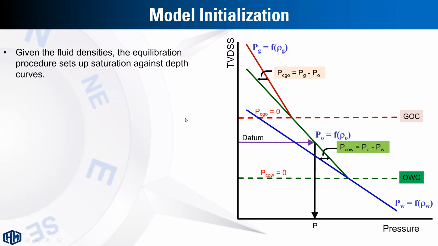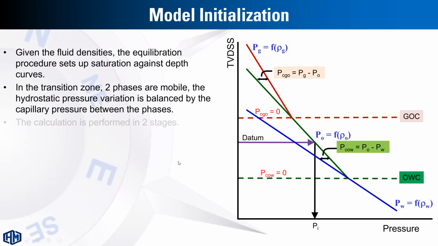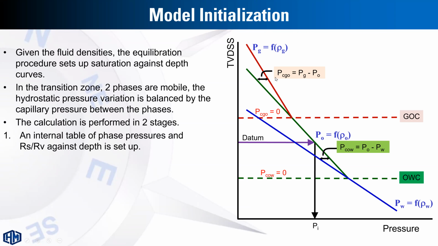So once we define the fluid contacts like gas oil contact and oil water contact, the simulator can calculate the capillary pressure between the gas and oil phase, and also between the oil and water phase, using this simple equation.